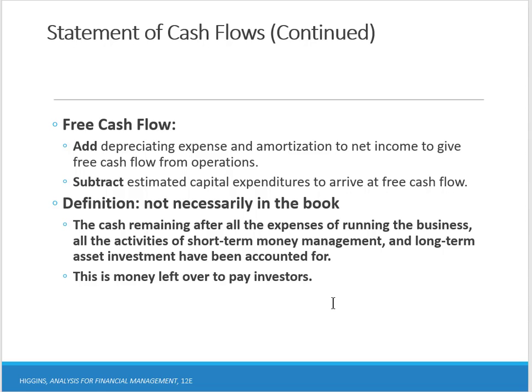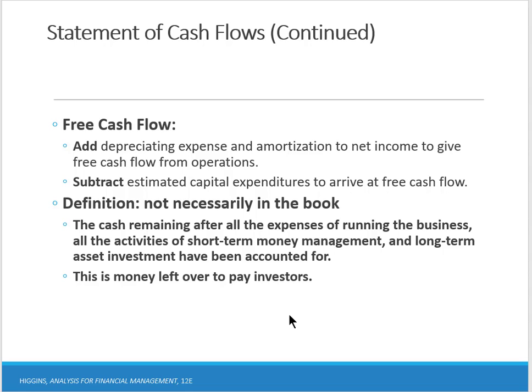So let's think about who the investors of the company are. Well, there are actually two. We automatically think of shareholders as being investors, but we rarely think that creditors are investors. But the only difference between the two is the obligations that we have to the two.